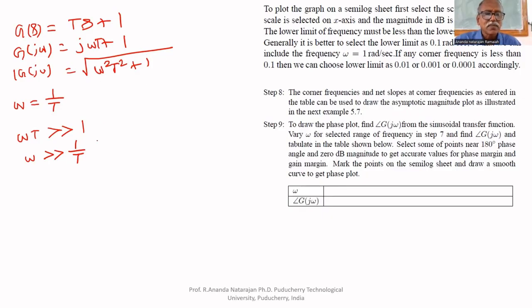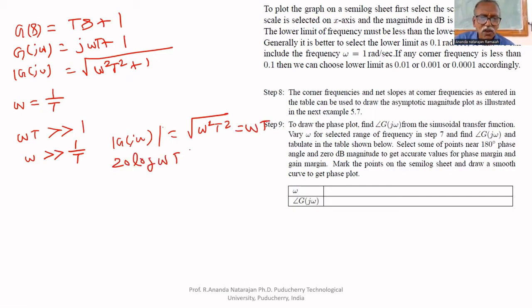You will get modulus of G of j omega equal to square root of omega square tau square, that is equal to omega tau. So 20 log omega tau is 0 dB when omega equal to 1 by tau.